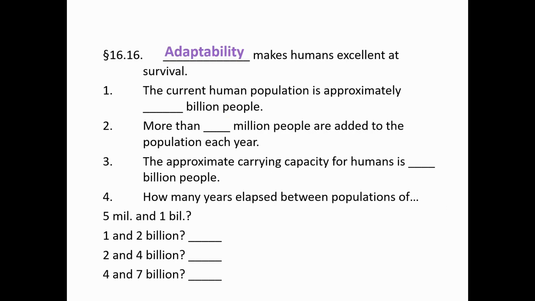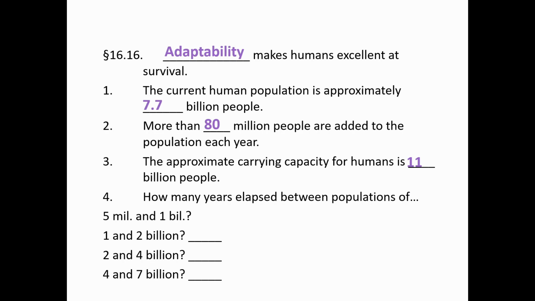Now, adaptability is one thing we humans are great at and makes us great for survival. If we look at the current human population, we're at about 7 or so billion people. That's a lot of people on this planet, and we're looking at about 80 million being added to the population every year. The approximate carrying capacity for humans is 11 billion people, but that's really not too far off because, again, we're growing exponentially.